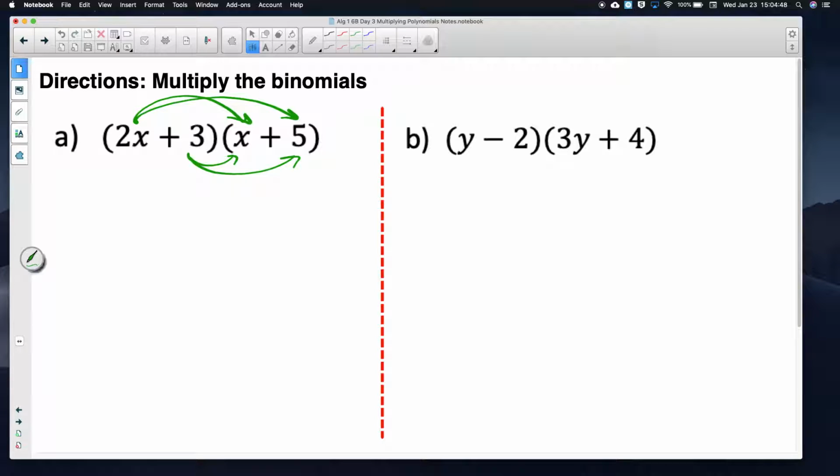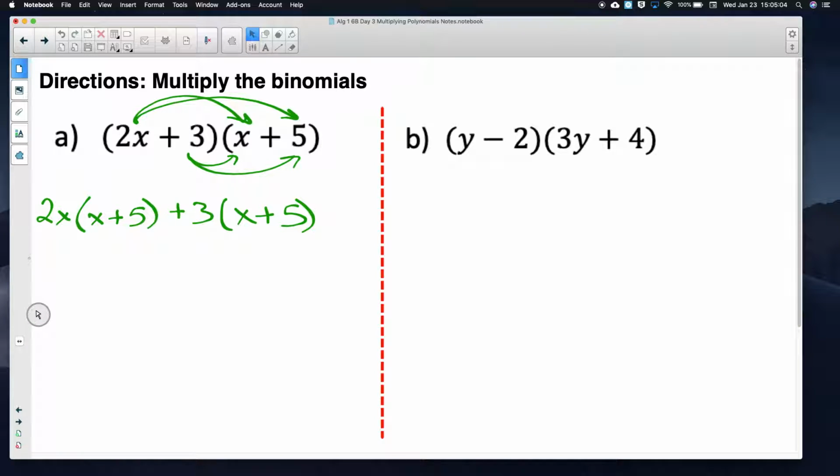What that looks like is I'm going to take 2x and distribute it to the entire second binomial, x plus 5. And then I'm going to take plus 3 and distribute it to the entire second binomial, x plus 5. From here, it's just the same exact problems that we were doing in the previous video.